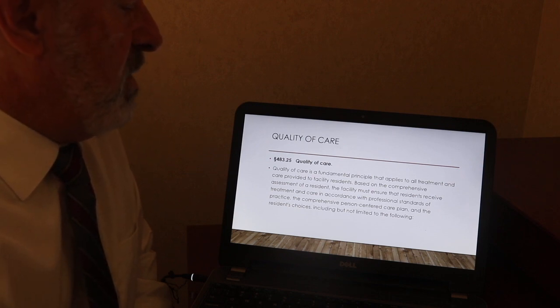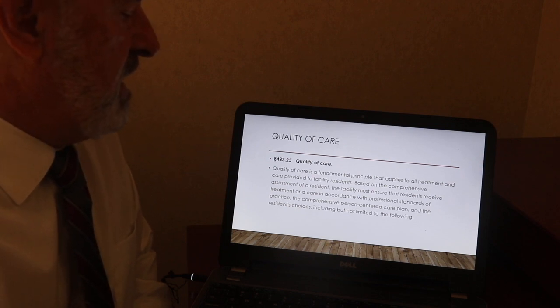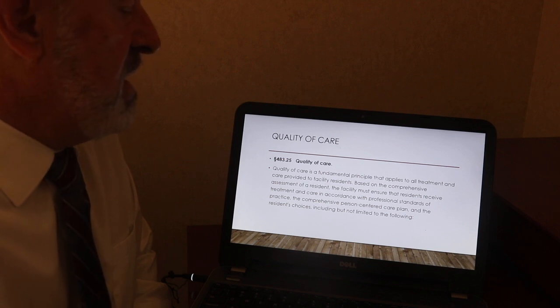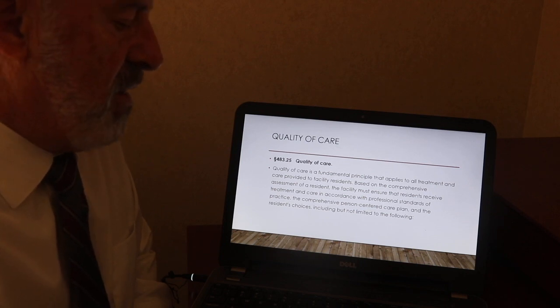It's the fundamental principle that applies to all treatment and care provided to the facility residents based on the comprehensive assessment of the resident. The facility must ensure that the resident receives treatment and care in accordance with professional standards of care, a person-centered care plan, and resident choices, included but not limited to the following.